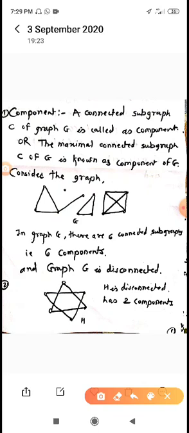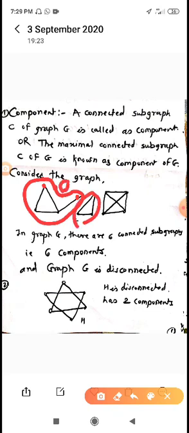Now in that graph G, we consider a maximally connected subgraph of graph G. This is number 1, it is maximally connected, since in it any two vertices have a path, so it is connected. This single vertex is itself connected, that is 2.